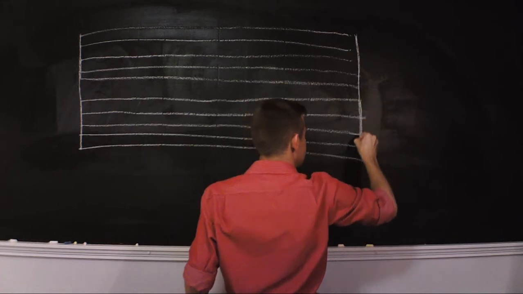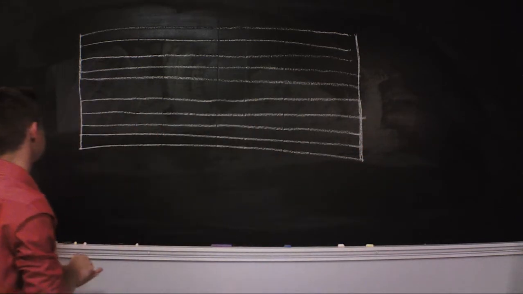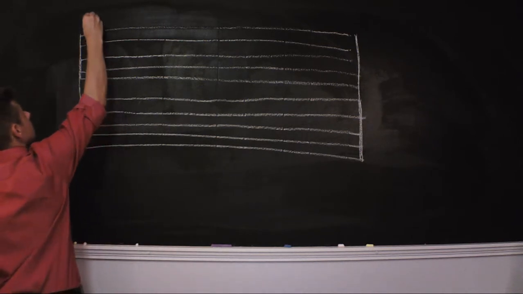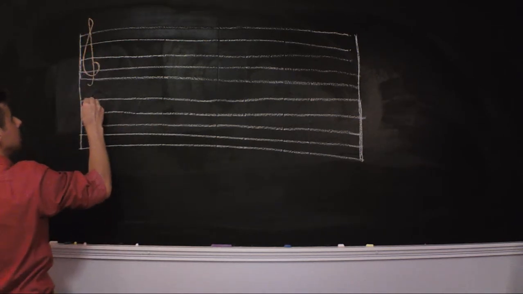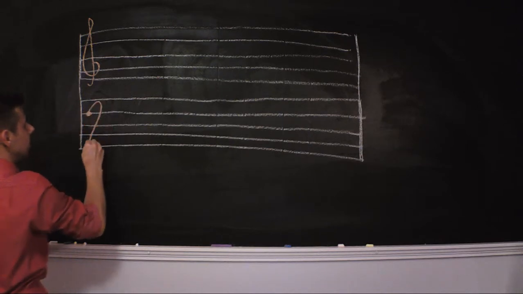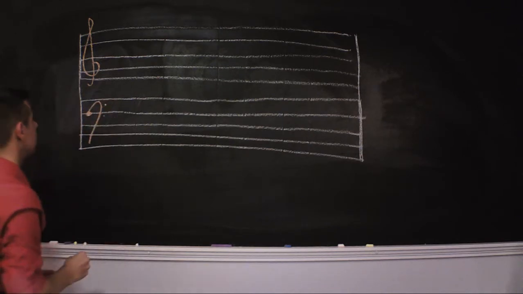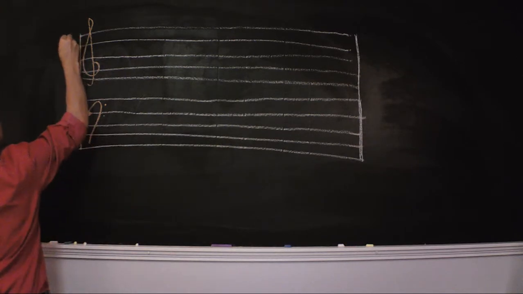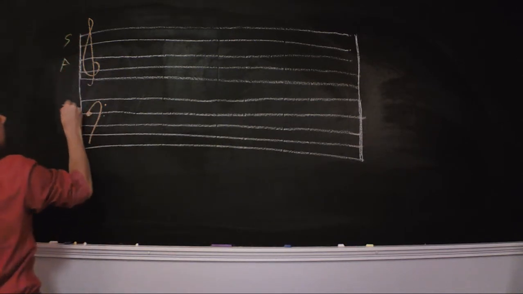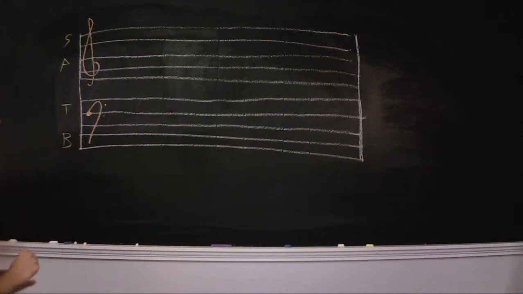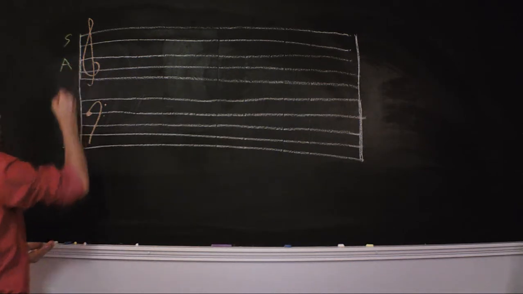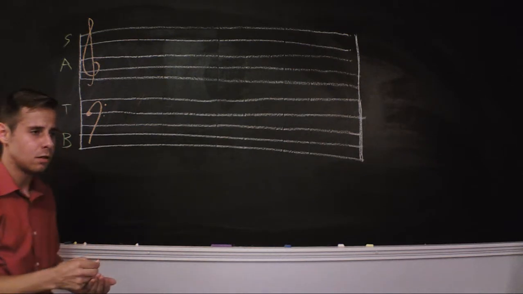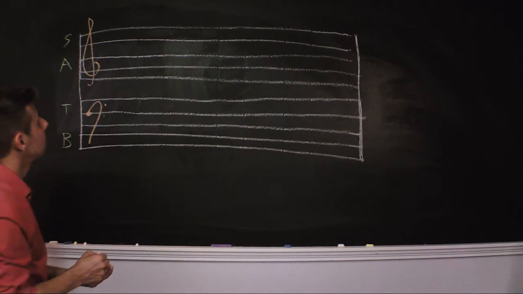That's how you know it's a system and not individual lines of music. And we shall put treble clef here, bass clef here, and just for kicks, we'll label it soprano, alto, tenor, bass.